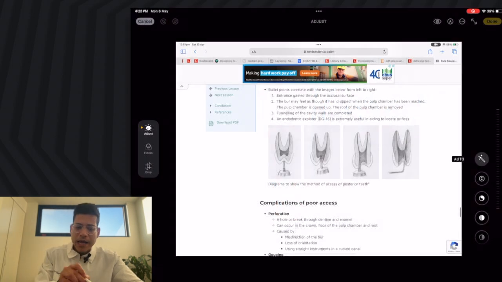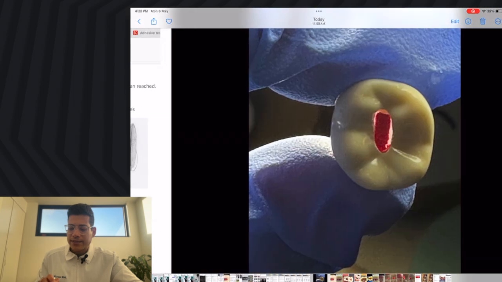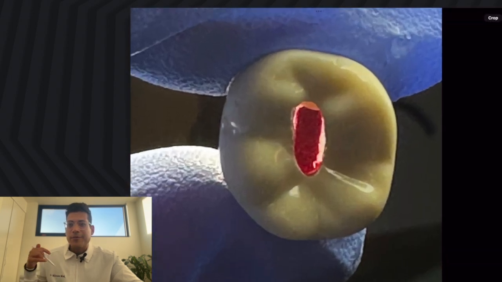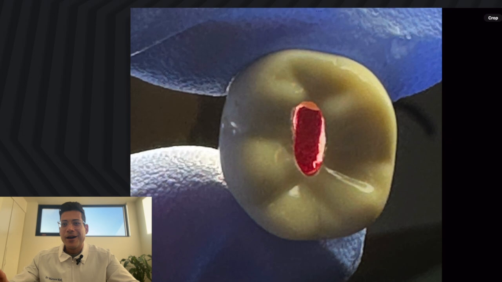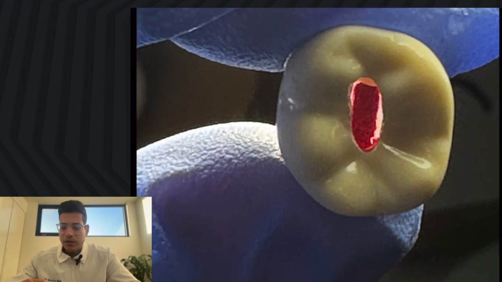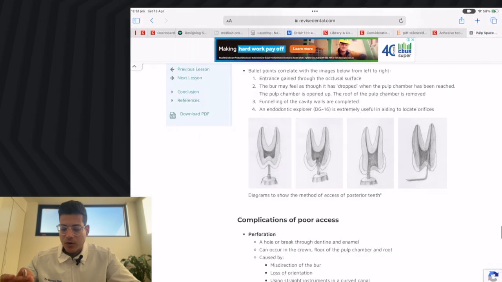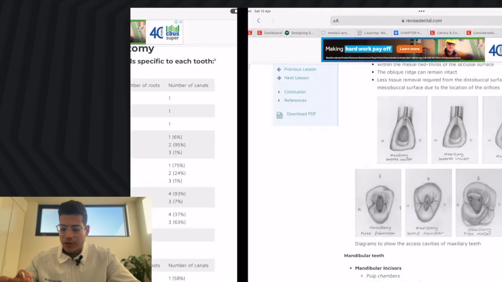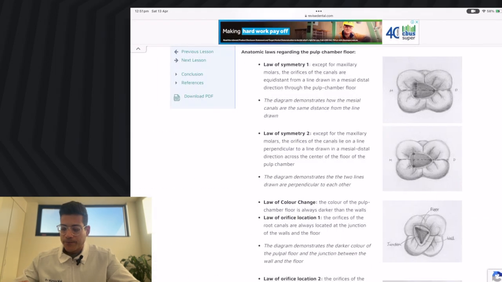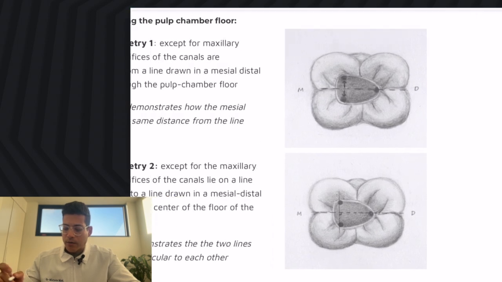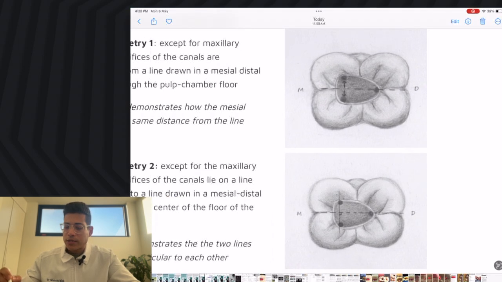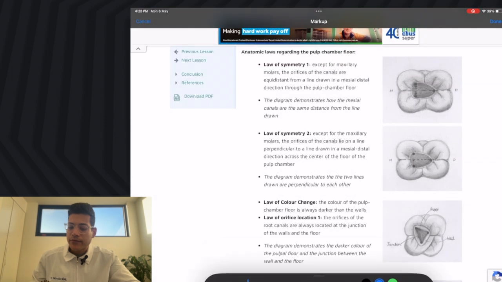Then we look at the biggest issue that everyone has, which is the molar, because they've started giving the molar endo now, and there's so much struggle with it. The problem is when you look at the clinical relevance of an endo, and I will go back to a diagram to show you all. When you look at a lower molar, we've been taught this our entire life.